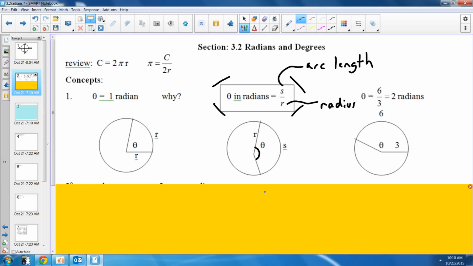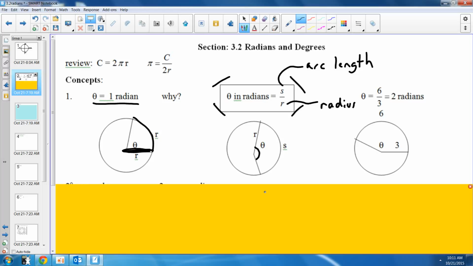Well, the question here is, what would 1 radian equal? 1 radian would equal where your s is equal to your r. So, for example, over here, your theta is 1 radian. Why? Because this length here and this length here are equal.